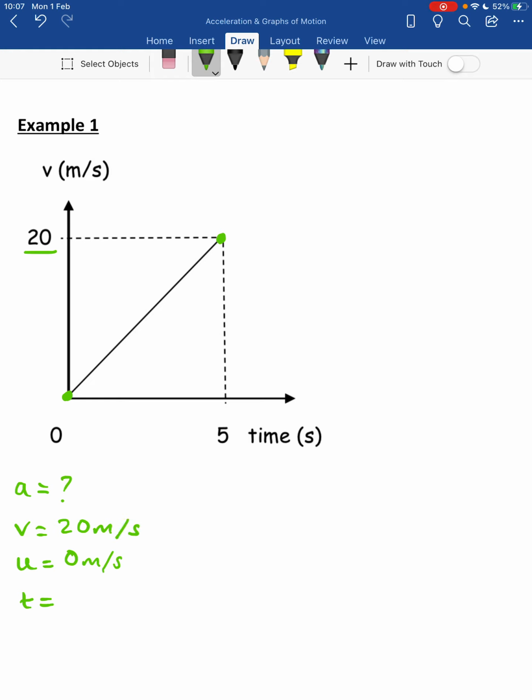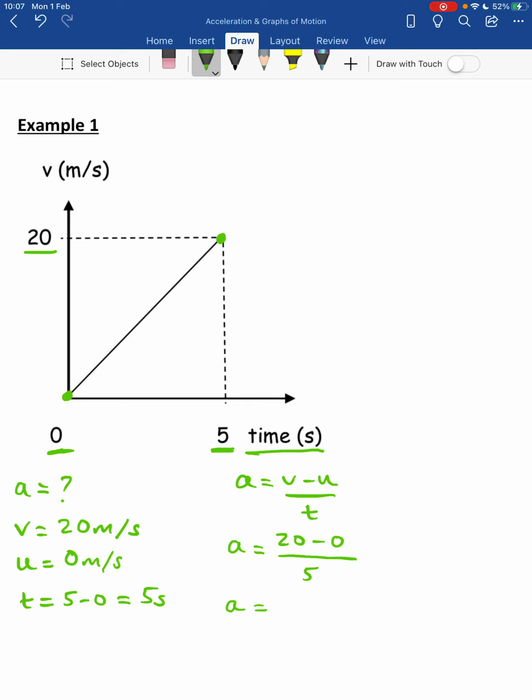And then my final bit of information I need is the time, so I'll look at the x-axis. The line starts at 0 seconds, finishes above 5, so that's 5 take away 0, which is 5 seconds. Can put the equation down and then substitute. So V is 20, that gets taken away from U, which is 0, and that gets divided by 5.